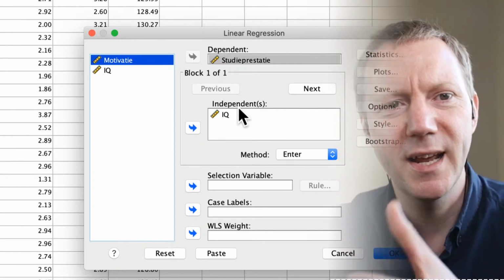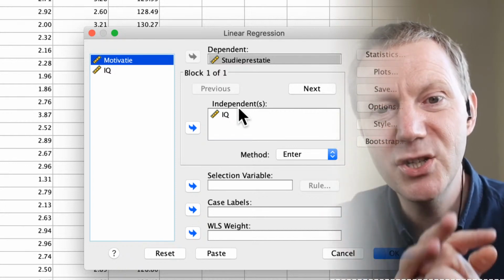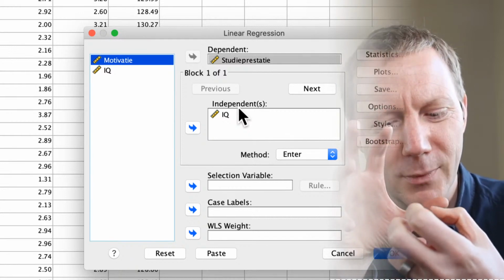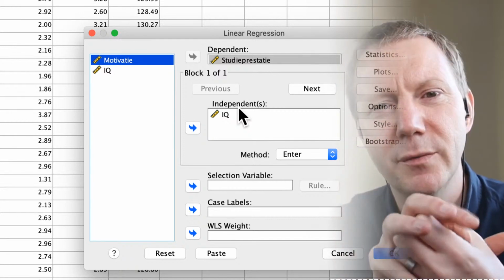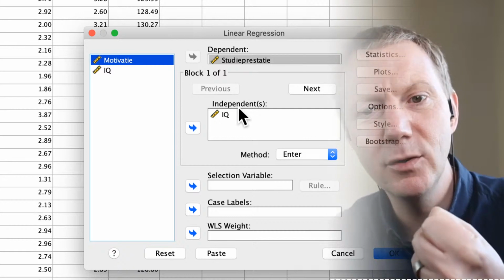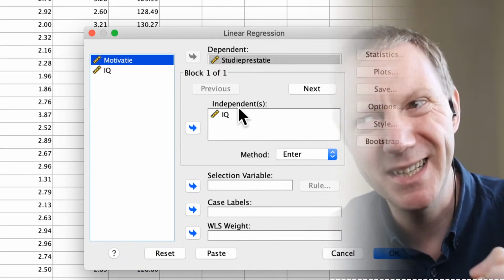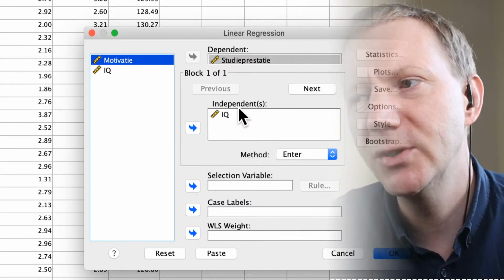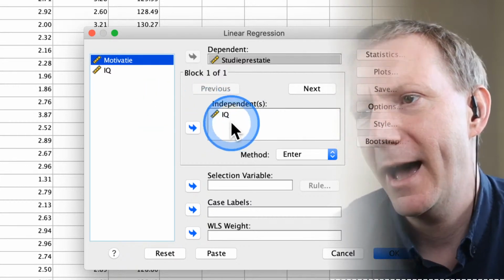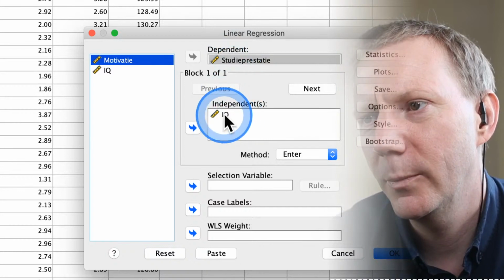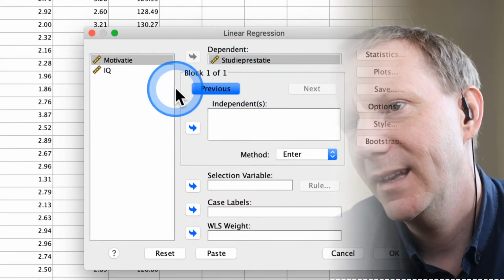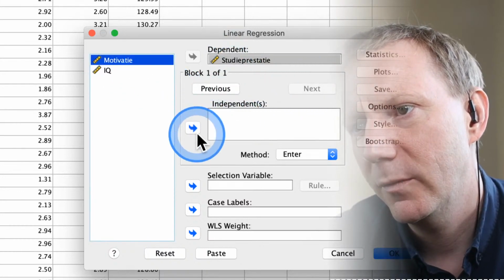Then you could run this analysis with the original predictors of the theory, and then add your new one to see if it adds something to the equation. So if you would want to do this, you could say, well, I predict study outcome by IQ, and in the next block I will put motivation.